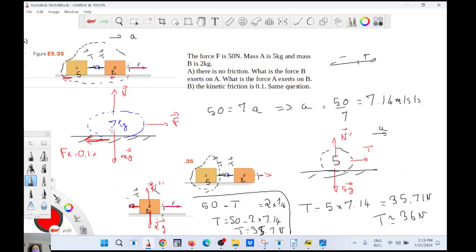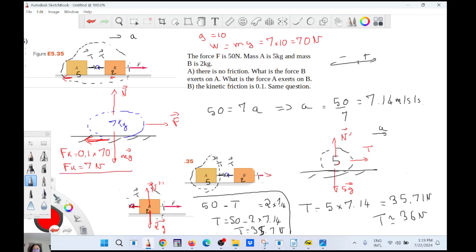The weight is 70: if G equals 10, the weight is mass times G, so 7 times 10 is 70 Newtons. So the frictional force will be 0.1, the coefficient, times 70, which is 7 Newtons.